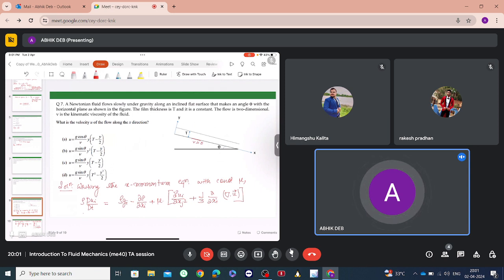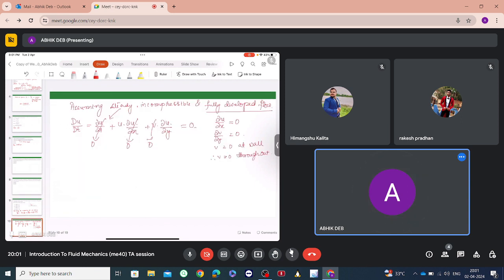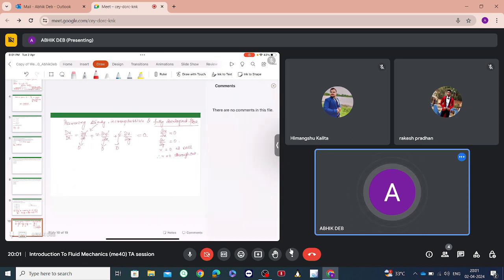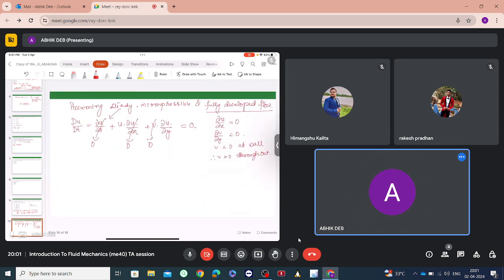Now for incompressible flow, del dot v will also be 0. Also del u by del x and del v by del y are 0. So del dot v is also equal to 0. So even if it is not incompressible, it is by default becoming incompressible here.